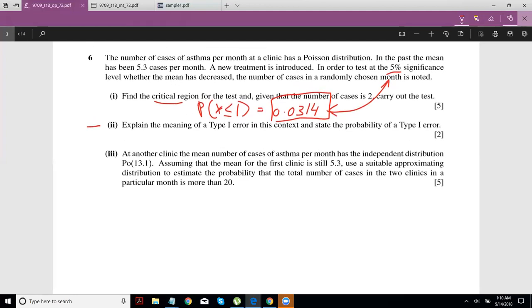So, explain the meaning of a type 1 error in this context and state the probability of a type 1 error. The test in the question is whether the mean has decreased.